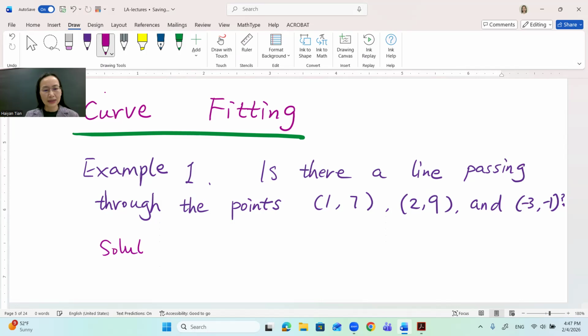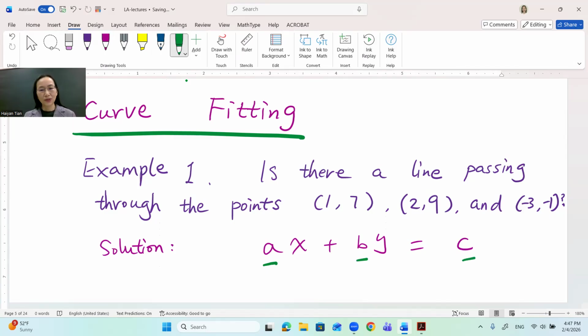We can write, for example, in this form, ax plus by equals c. However, we don't know yet the values of a, b, and c. If we knew the values for a, b, and c, then the straight line would be known.